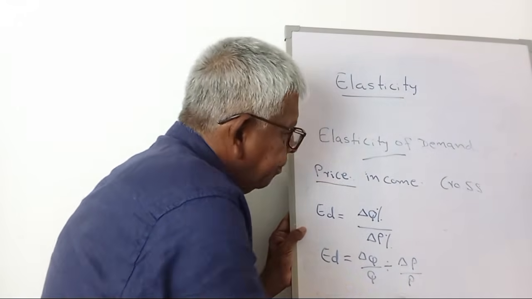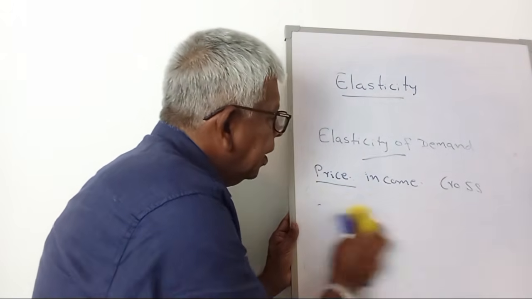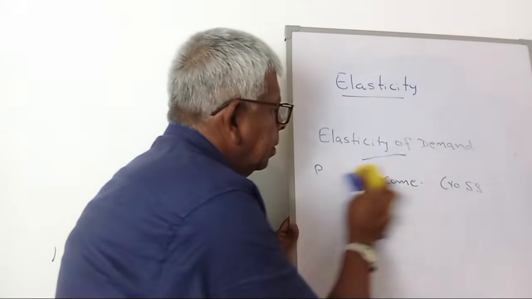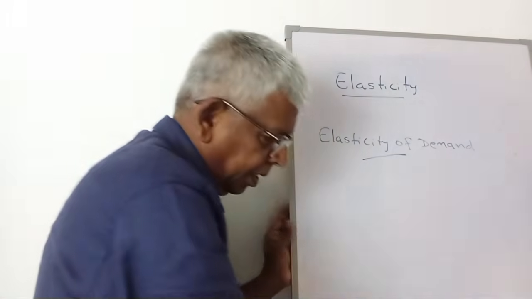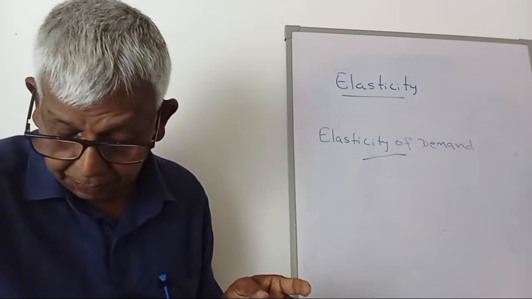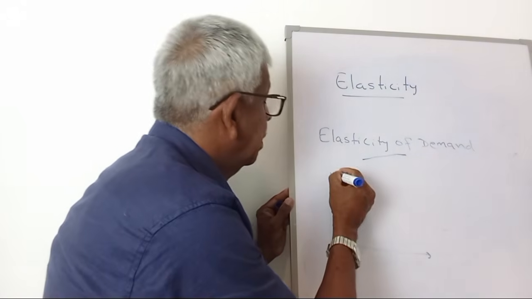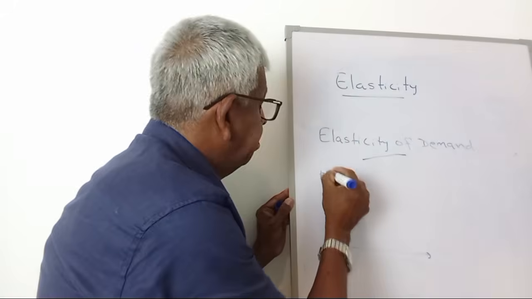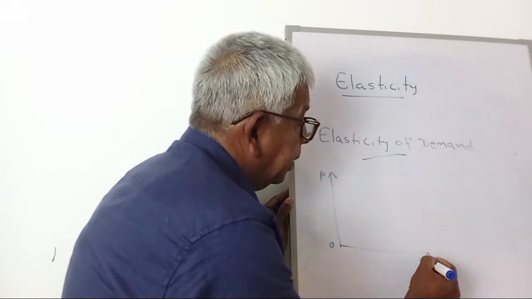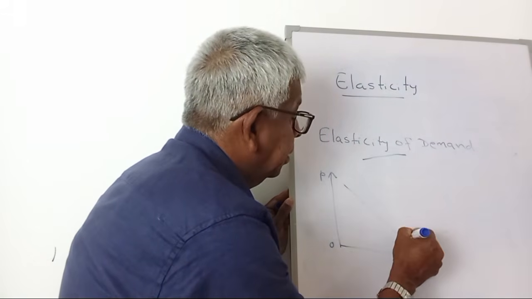We can take a demand curve like this, with P and Q axes.